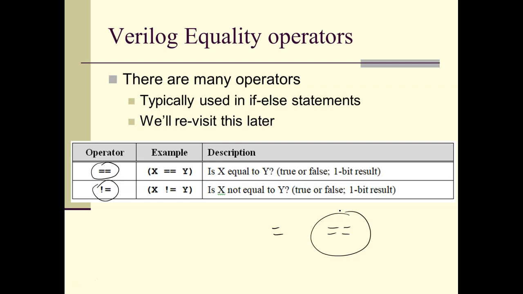People will put one equal sign inside of an if statement. It's not going to work generally. It works sometimes if you get lucky, but that's something you don't want to do. So the condition inside these parentheses is going to evaluate to be either true or false, and essentially it generates a 1-bit result, which is most likely a Boolean, but I still like to think of it as a 1-bit result.